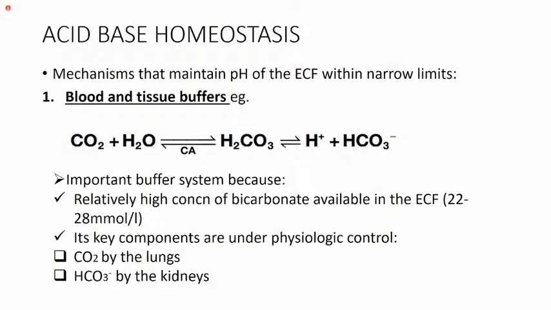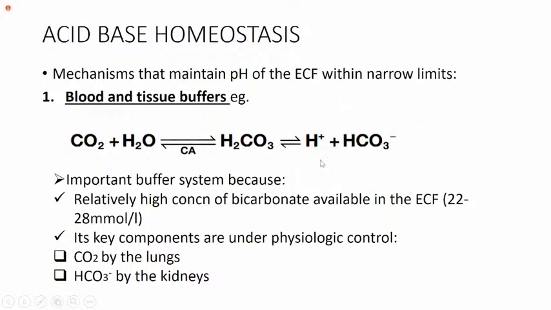So let's start off with the first line of defense, which is your blood and tissue buffers. When you talk about acid-base homeostasis, you're talking about the mechanisms that maintain the pH between 7.35 and 7.45. Starting off with the chemical buffers, one of the most important systems here will be your bicarbonate system. This is a very familiar equation, I'm sure.